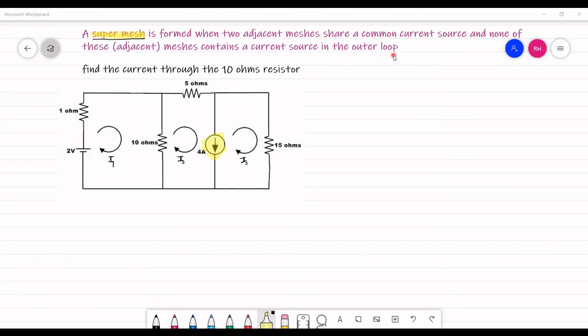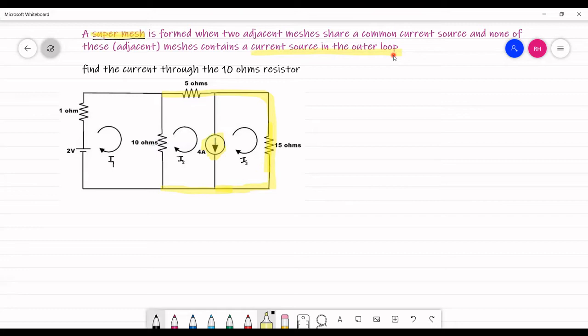In the previous video, we have seen how to solve a problem where you have a current source in the outer loop. Now, even for the formation of a supermesh, you should not have any current source in the outer loop. So this is the outer loop. Here you are not supposed to have any other current source. Only then you could form a supermesh.